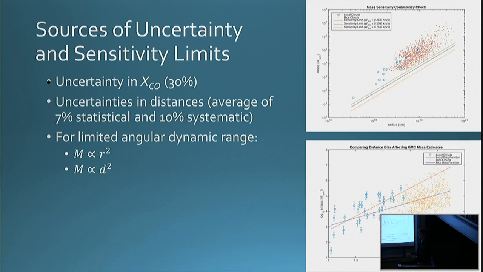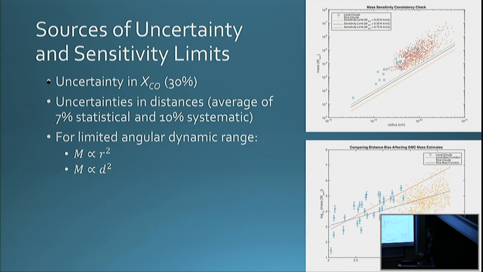That's important in calculating luminosity and mass, or just mass rather. There are also uncertainties that come from the Schlafly et al. catalog in the distances, which are an average of 7% statistical and 10% systematic, which, although important, are a very, very good improvement in distance resolution over previous literature sources.